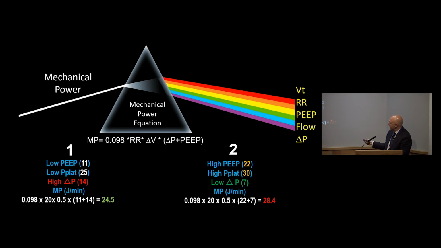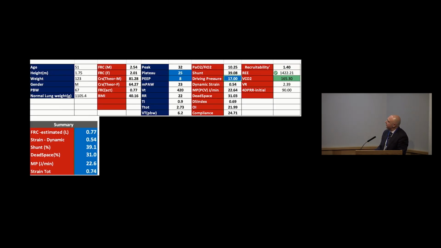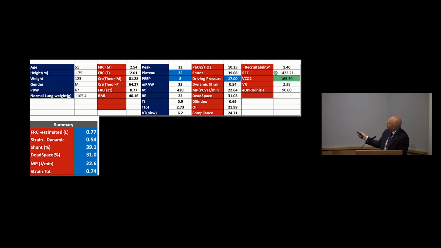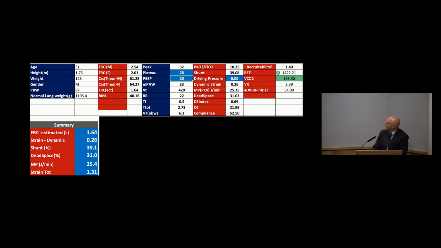In this particular case, it's certainly much higher. I showed you this during the case, so I'm not going to repeat plateau pressure and the total strain. You see again it's increasing, and the mechanical power is also increasing from 22 in this particular case to 25.